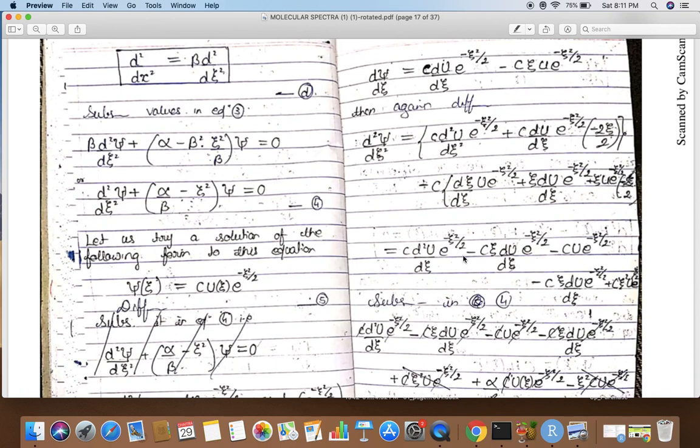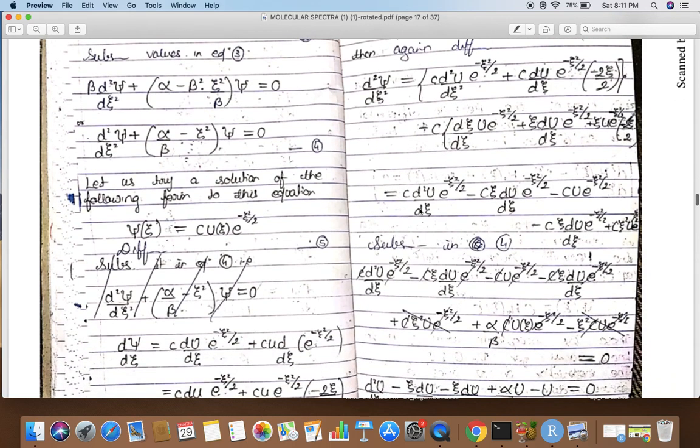Then c d xi by d xi with these two functions, plus xi du by d xi, plus the derivative of the exponential. Once you simplify it, finally you achieve c d square u by d xi square, and this term comes with a minus. Now d xi by d xi is 1, so we have simply c u exponential minus c xi du by d xi exponential, and this term is positive because minus is over here and another minus comes from here, so you have a positive one.